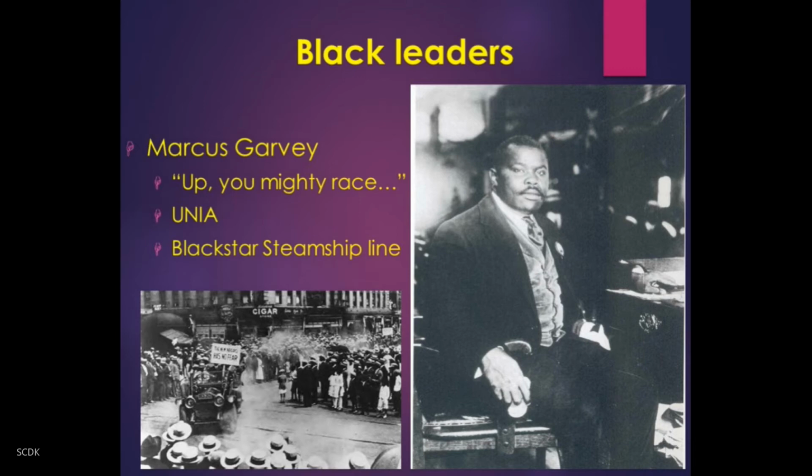This provided them with political mobilization, and gradually, as the number of blacks in the North grew, they became a significant voting bloc that politicians had to be attentive to if they intended to win their elections. And so blacks became a much more significant voice in a number of policies in the North. We even begin to see some black politicians elected during this period. Oscar DePriest of Illinois, for instance, became the first black congressman since Reconstruction.